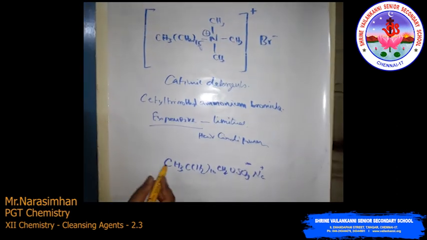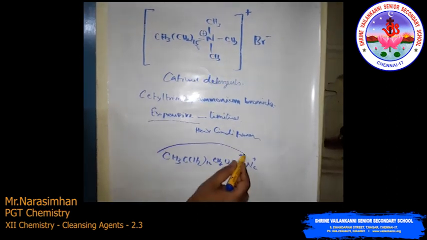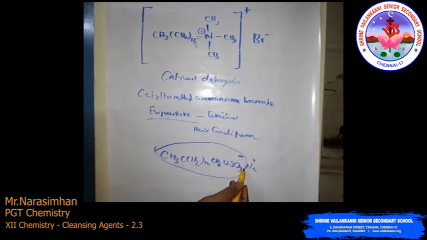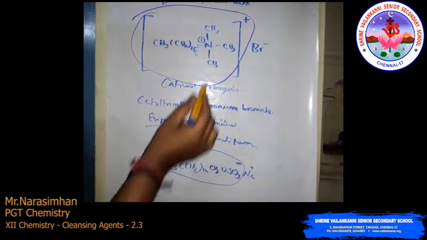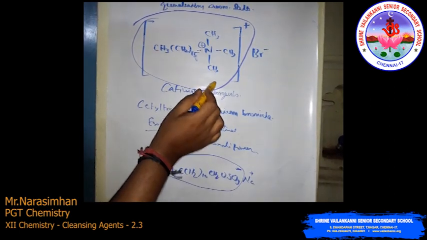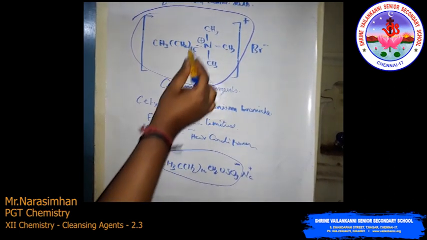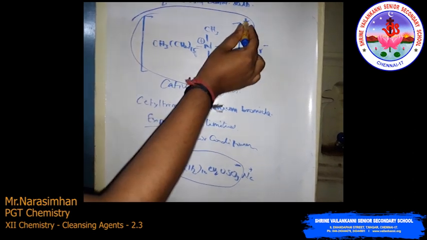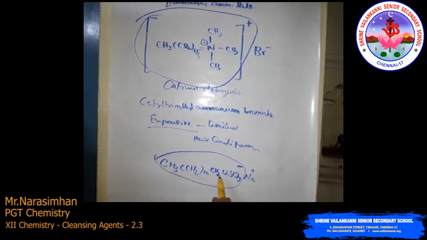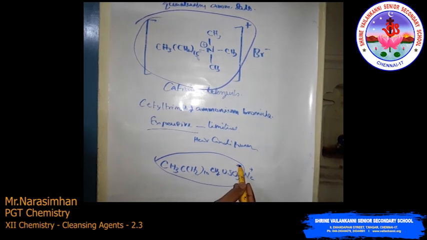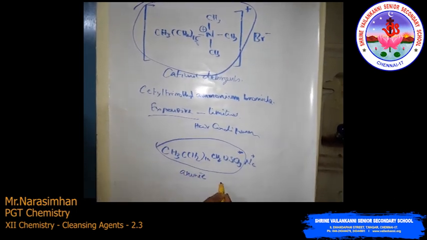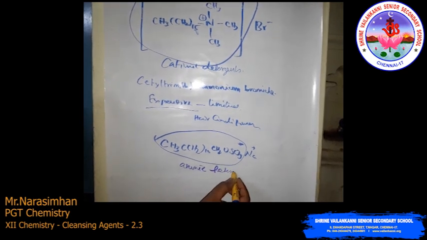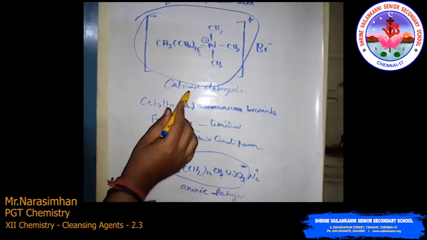Compared to this, the whole part here is the anion, and this whole part is the cation. This long chain hydrocarbon contains the cationic compound, and this long chain hydrocarbon contains the anionic part. So this is an anionic detergent, and this will be a cationic detergent.